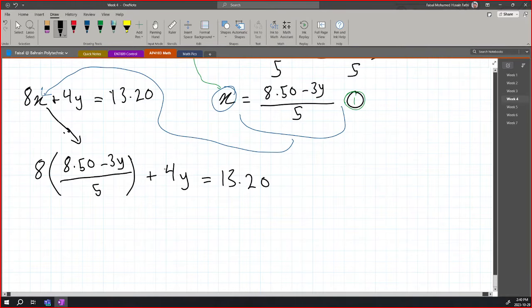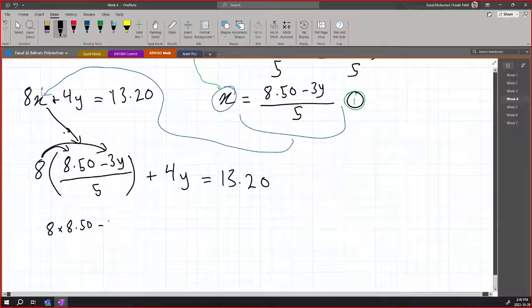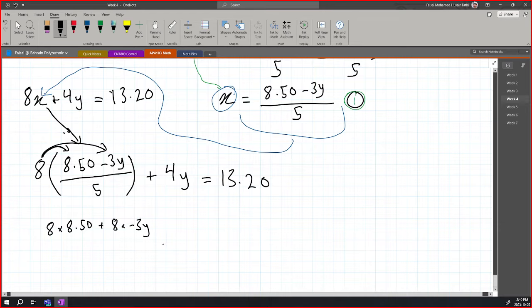Let's continue the solution. If we distribute this, we get 8 times 8.50 minus 8 times 3y, or you can say plus 8 times minus 3y, all over 5, plus 4y is equal to 13.20.